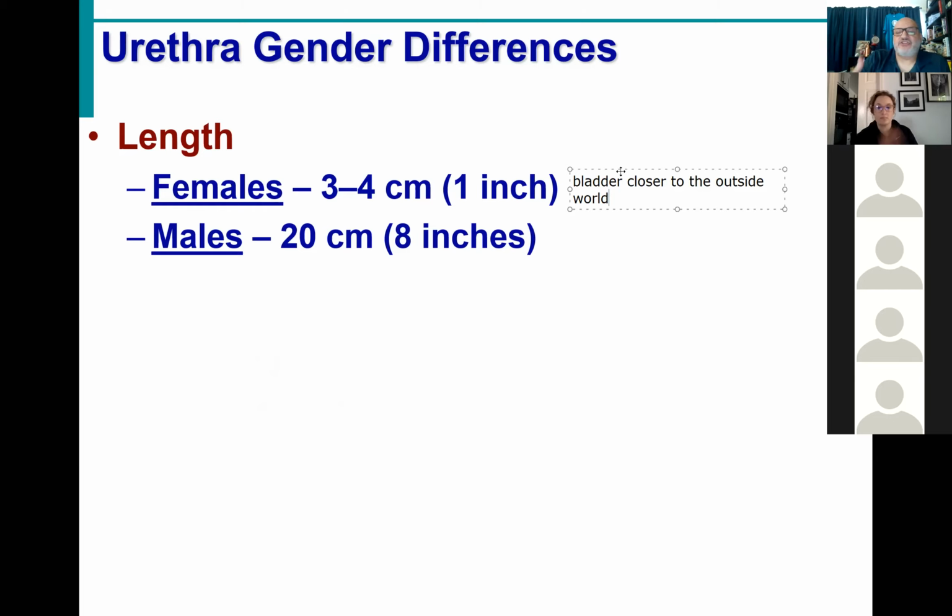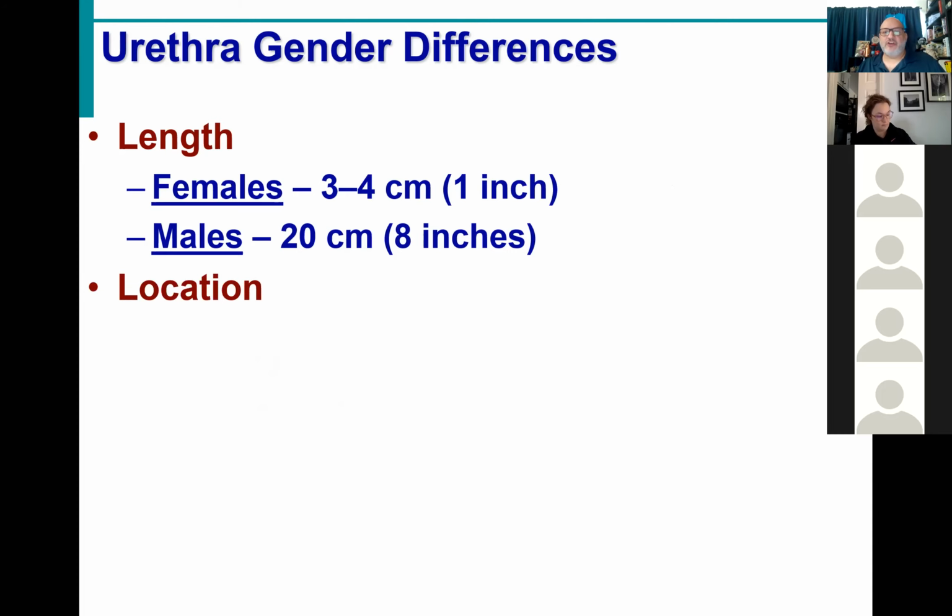So a harmful pathogen or bacteria has a shorter distance to travel to get to that urine in the bladder in a female than it does in a male. So especially during youth, bladder infections are much more common in females than in males.